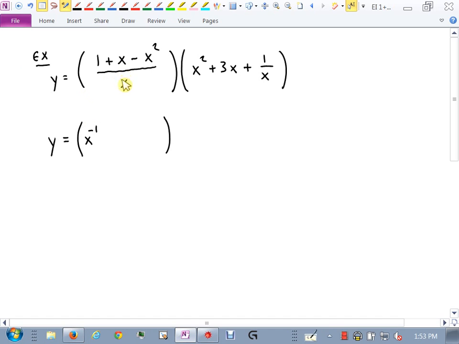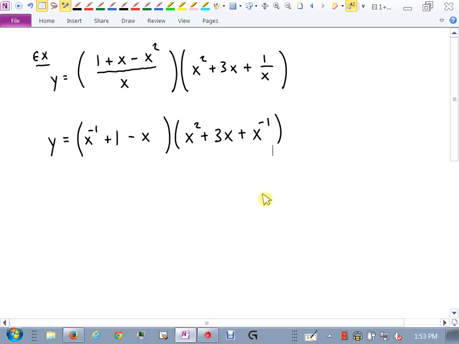The next one is x over x, which is 1, so plus 1. And the last one is negative x squared over x, which is negative x. All of this times this. And notice that 1 over x over there, I changed that one.